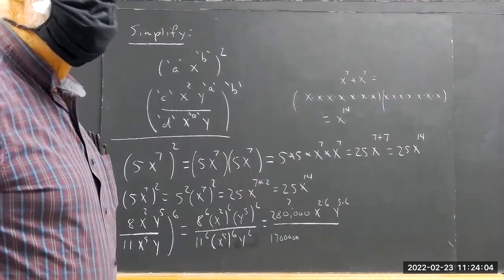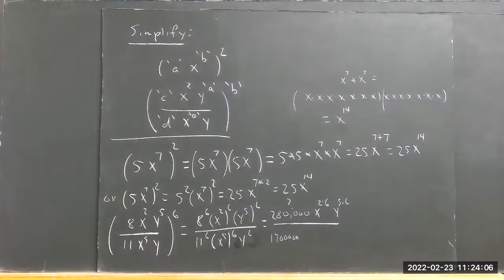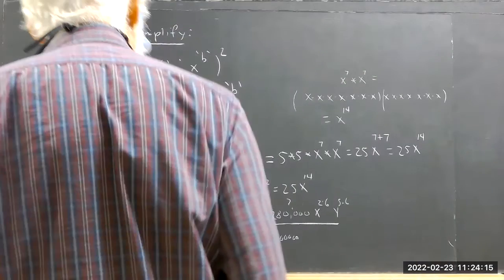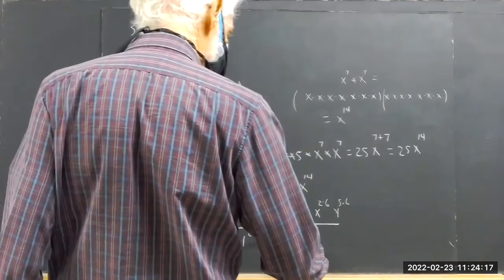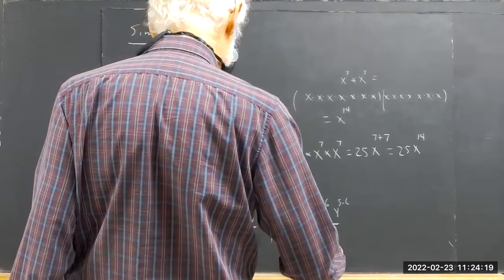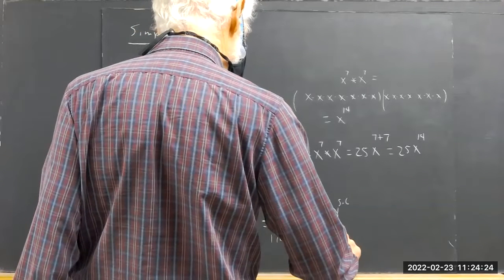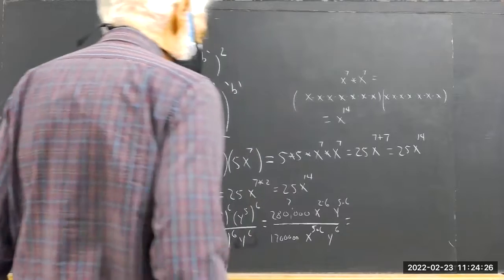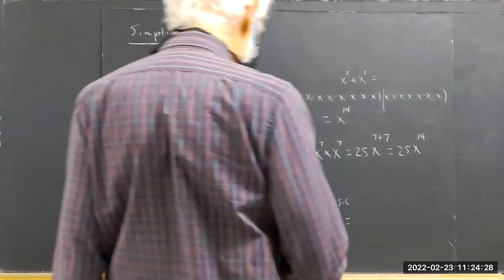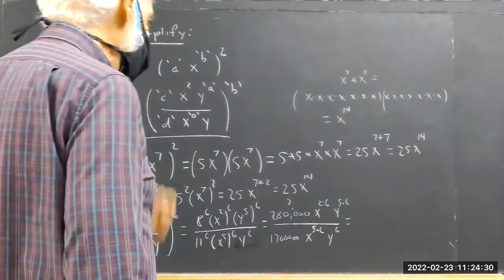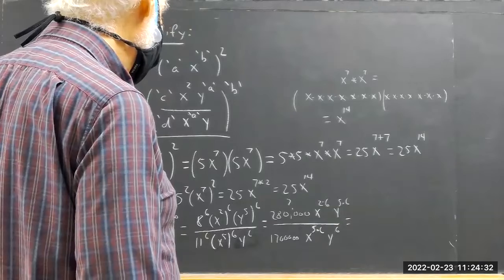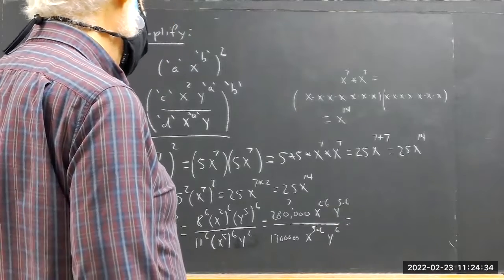What do you got? Let's see. Oh, geez, I like that. Okay. And then that's x to the 5 times 6, y to the 6. So that's something like 280,000 over 1.7 billion, which is like, oh, come on.